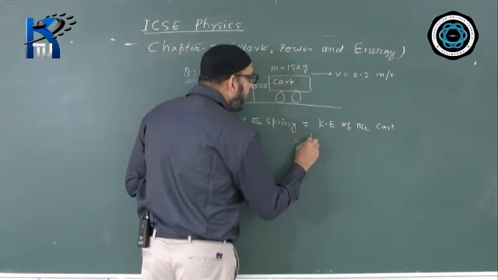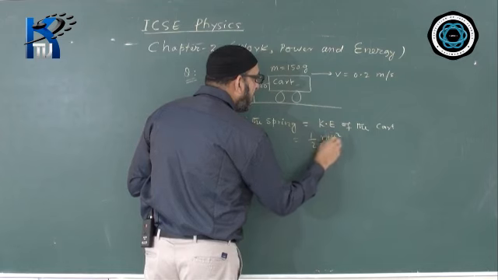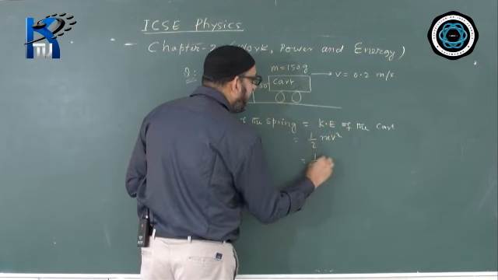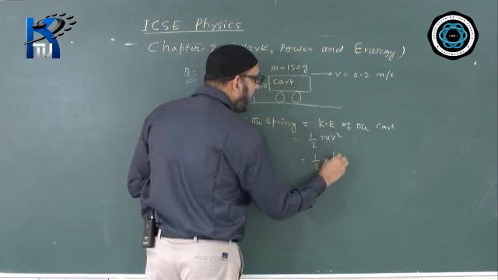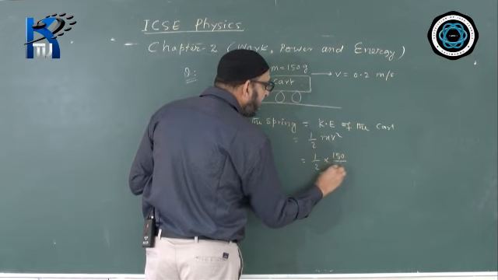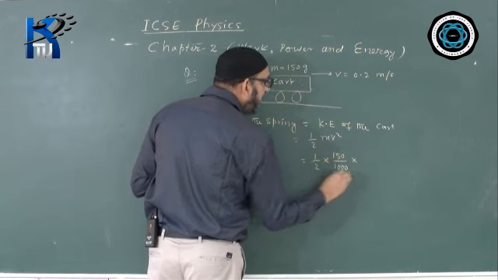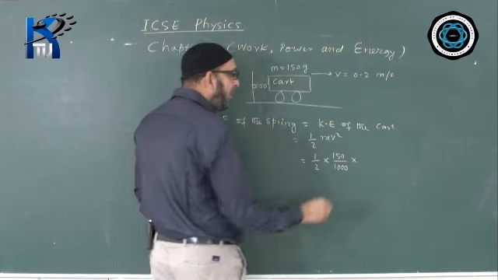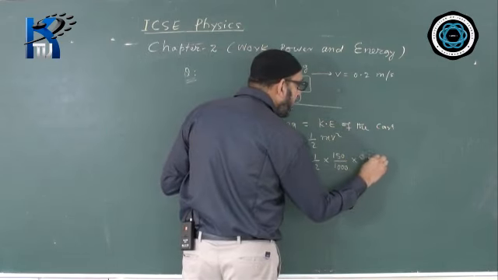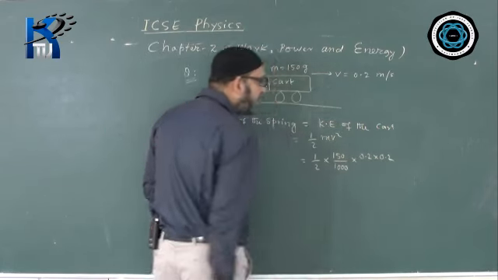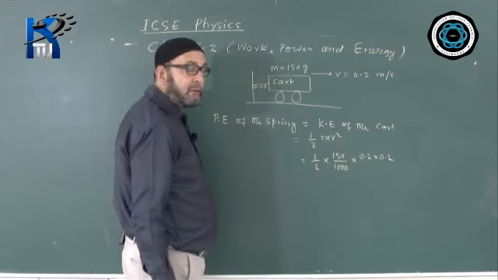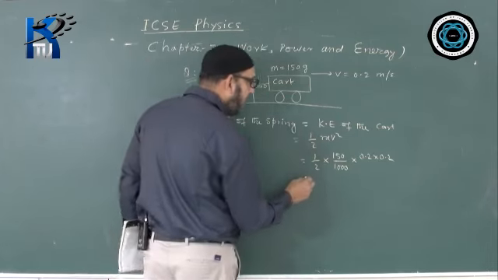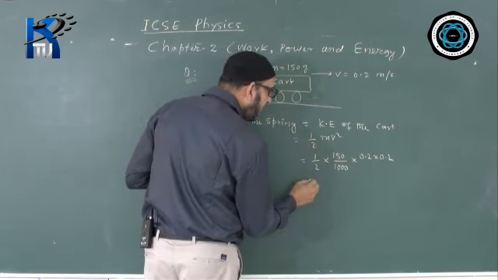So, kinetic energy formula we have half mv square. Writing half, mass is given 150 gram, gram we will not accept, we will change in kg. So, 150 upon 1000, changing in kg. Velocity is 0.2, so 0.2 into 0.2, square is there, that is why I am writing it as multiplication. Now, we will find the answer.